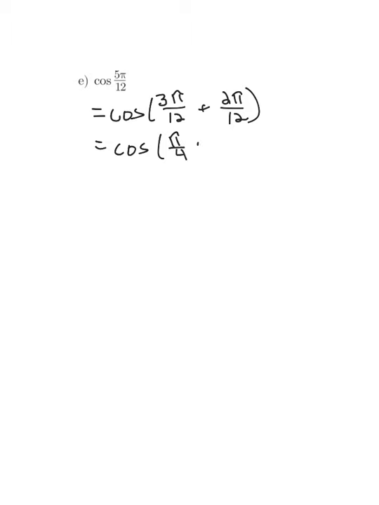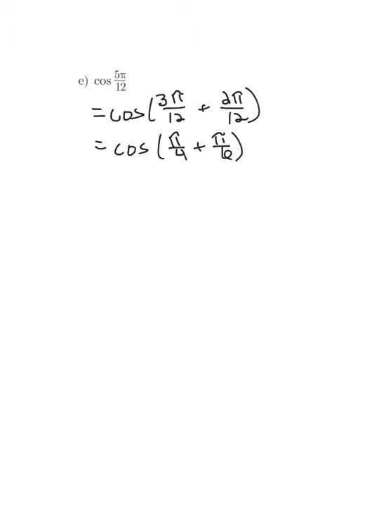So first I'm going to rewrite this as the cosine of 3 pi over 12 plus 2 pi over 12. I know that 3 pi over 12 plus 2 pi over 12 equals 5 pi over 12. Now I'm going to simplify those so that we have the cosine of pi over 4 plus pi over 6.